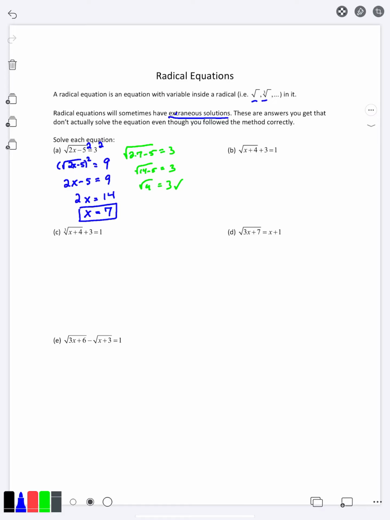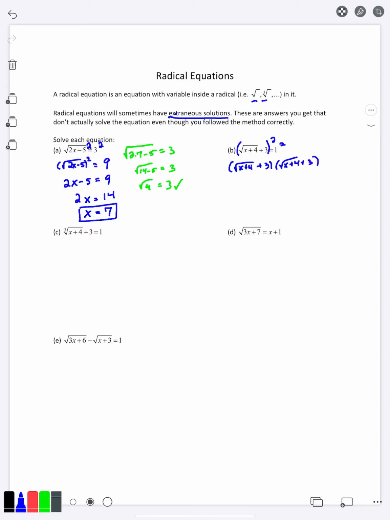Now in this next problem, we have the square root of x plus 4 plus 3 equal to 1. If you try to square both sides at the start, it is not going to be good. Because when I try to square this whole thing with these two parts, that's really like the square root of x plus 4 plus 3 times the square root of x plus 4 plus 3. And then you have to FOIL that.